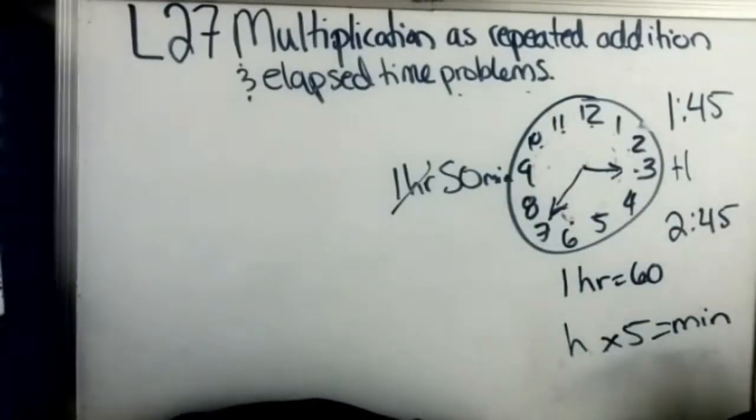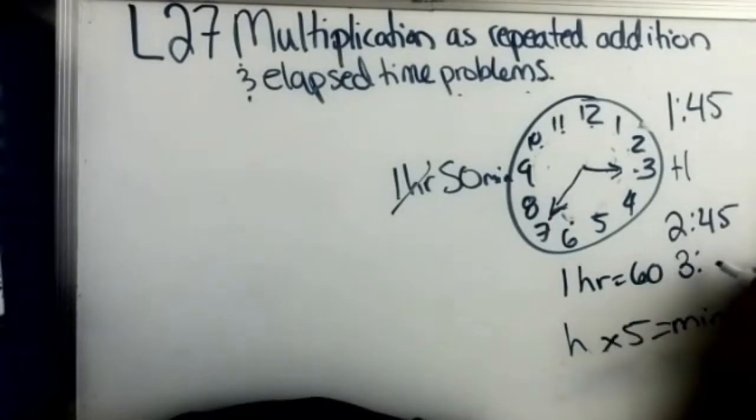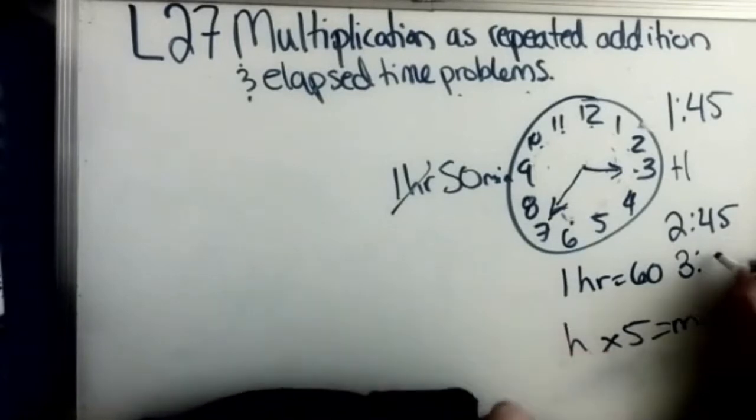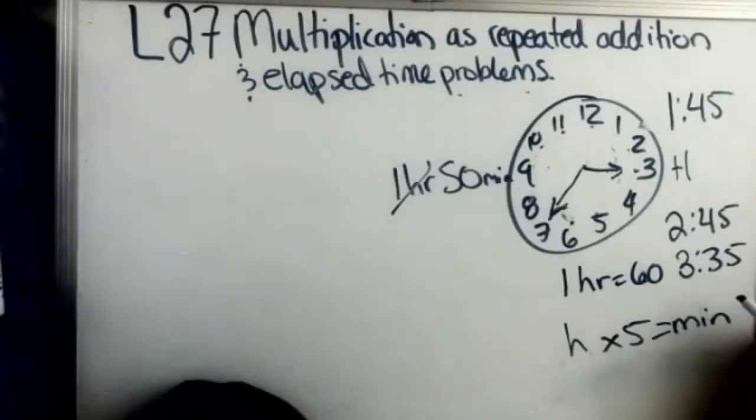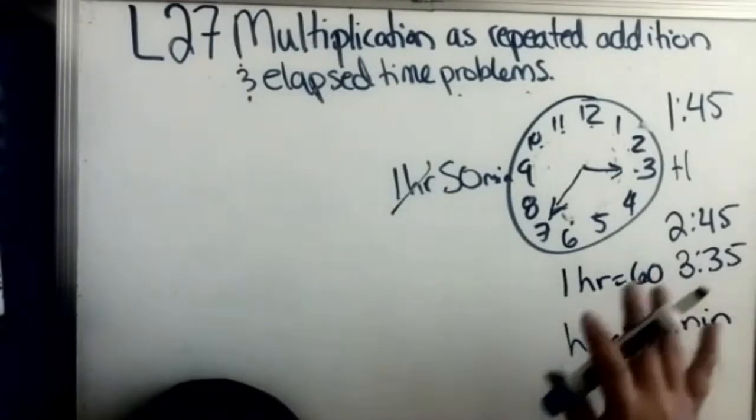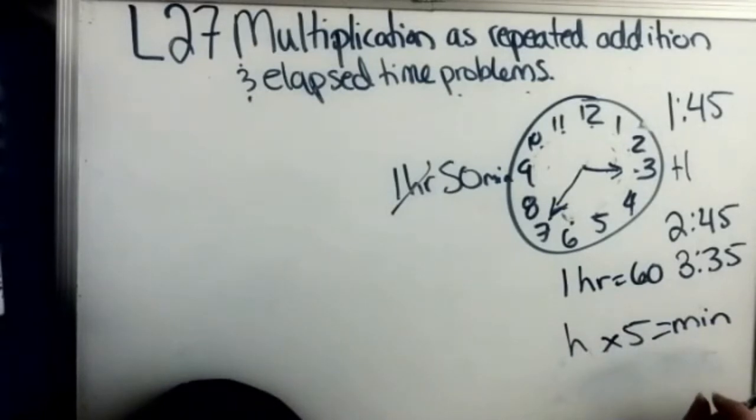We now have 3, because I passed that 60 mark, 3:35. And 3:35 is your time. So that's the way I like to do it. I like to look at the hours, do the hour first, and then do the minutes. Because if you try and count it all out on the clock, it sometimes gets a little bit frustrating if you're doing it by a drawing.